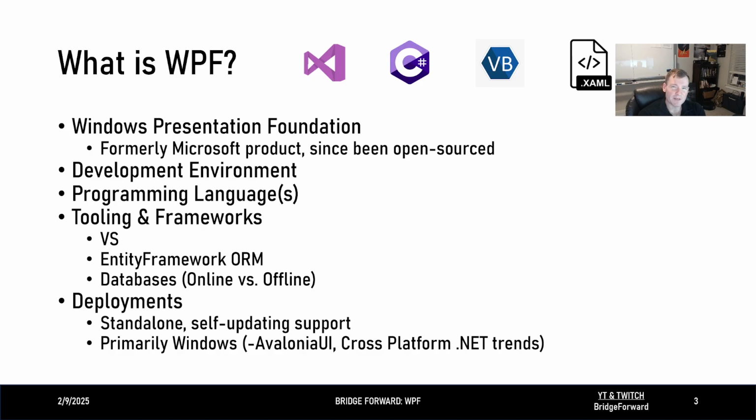Some other common libraries and frameworks are used, like Entity Framework. So you may use EF Core or something as your ORM, or Object Relational Mapper. All that means is it's a library that helps you map objects in your code, your WPF application, to items that may be in a database, for example.